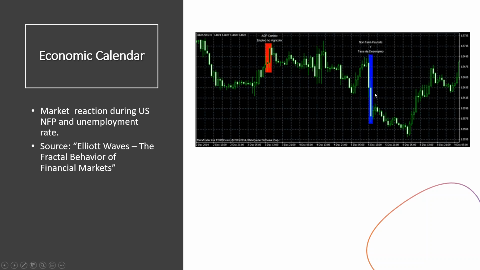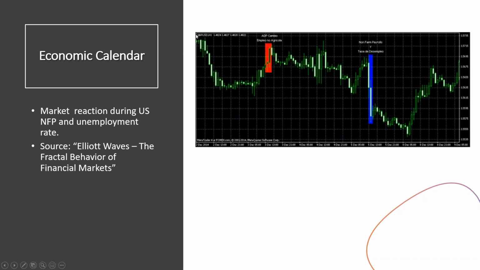The number really surprised the investor mass, and there we have a reaction, a massive decline, really fast. These are 4 hour periods, so in 8 hours we had a big decline.